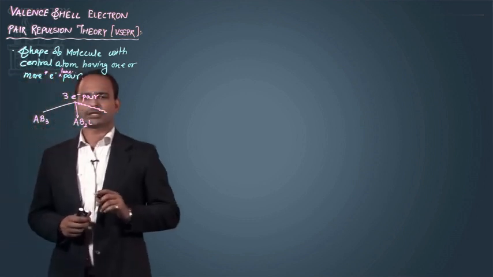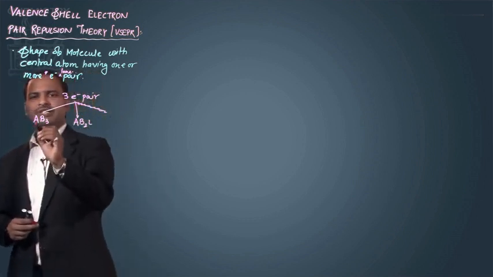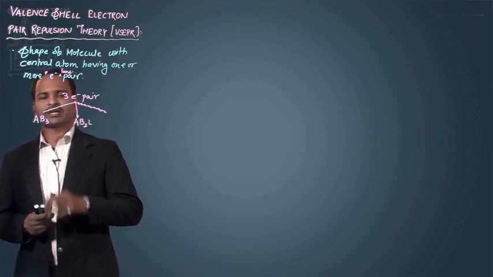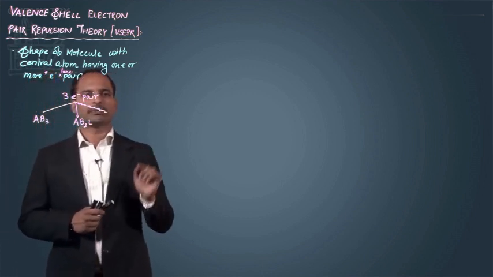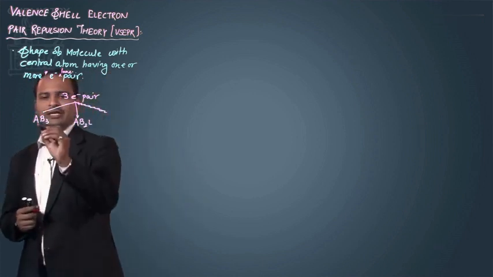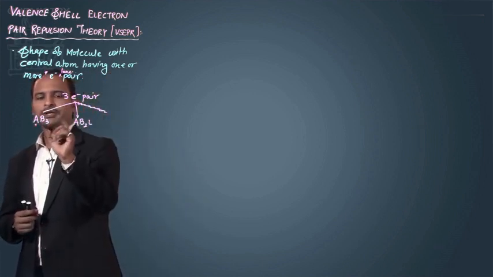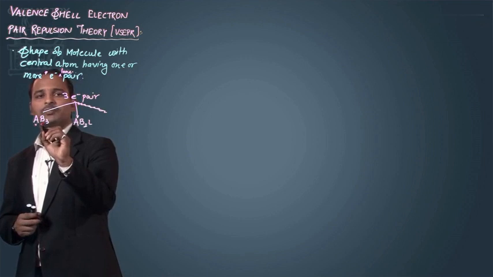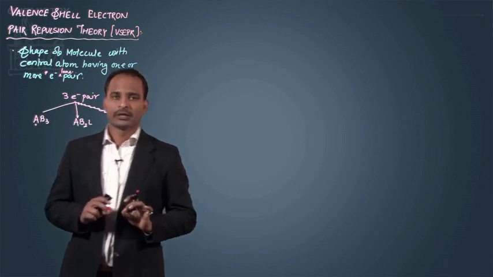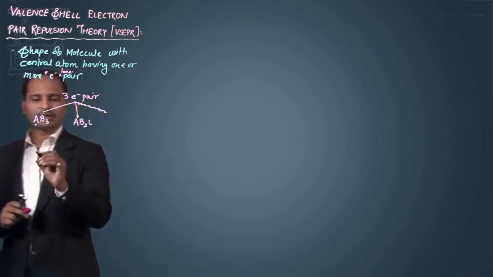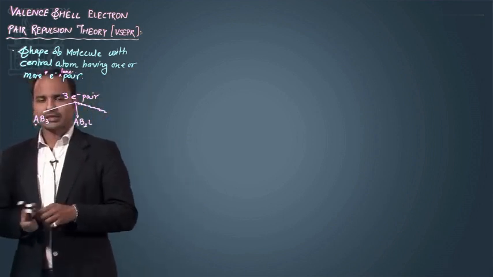AB3 and AB2L type. Now in AB3, A stands for the central atom and B stands for the peripheral atom. And if I am writing L, that means it is a lone pair of electrons. So A is a central atom having 3 pairs of electrons, and the 3 pairs are bonded with 3 bonds. It means here there is no lone pair of electrons, all electrons are bond pairs. And if all electrons are bond pairs, then the shape is going to be something like this.